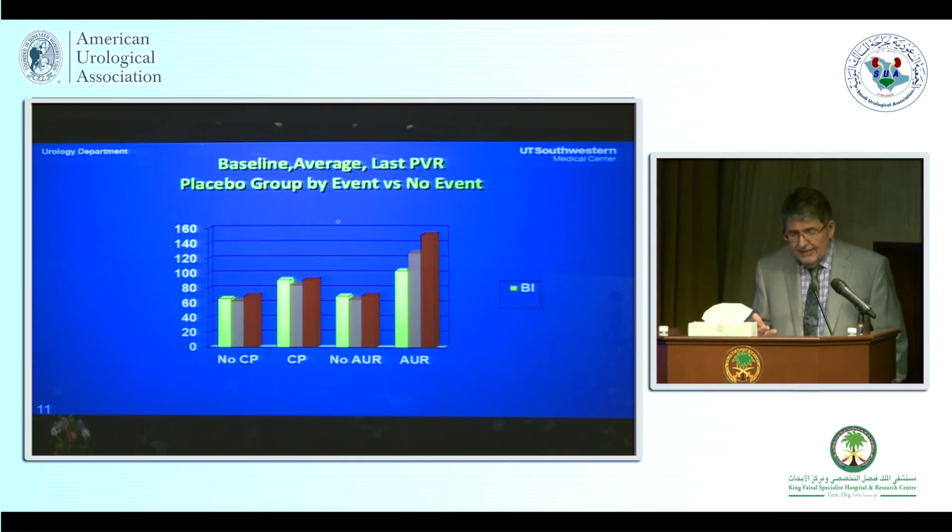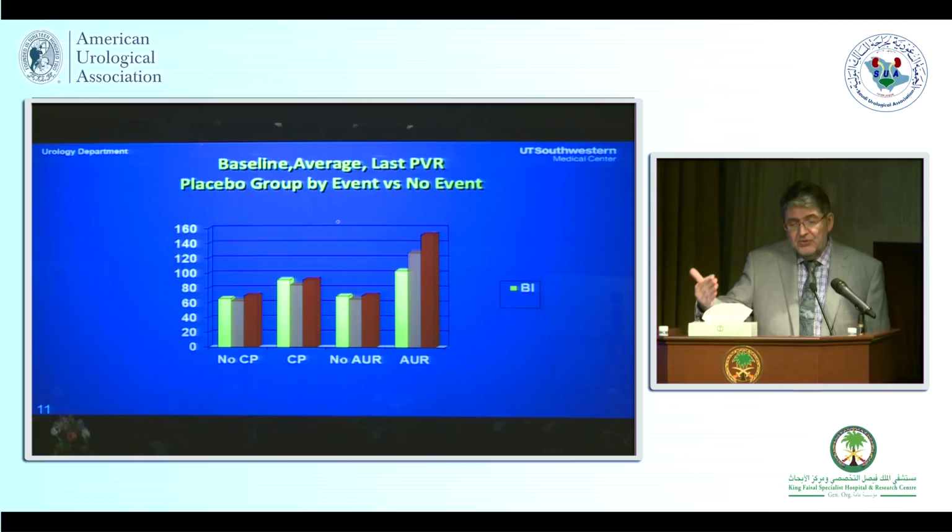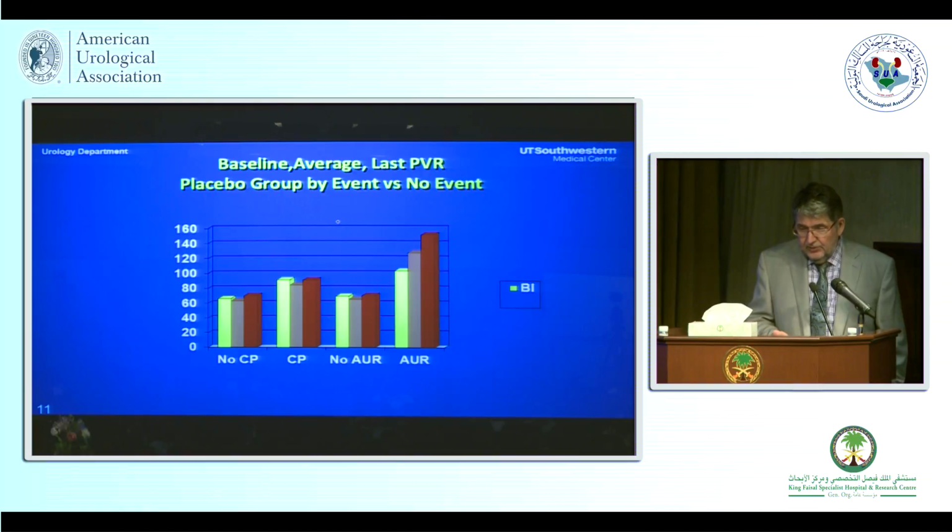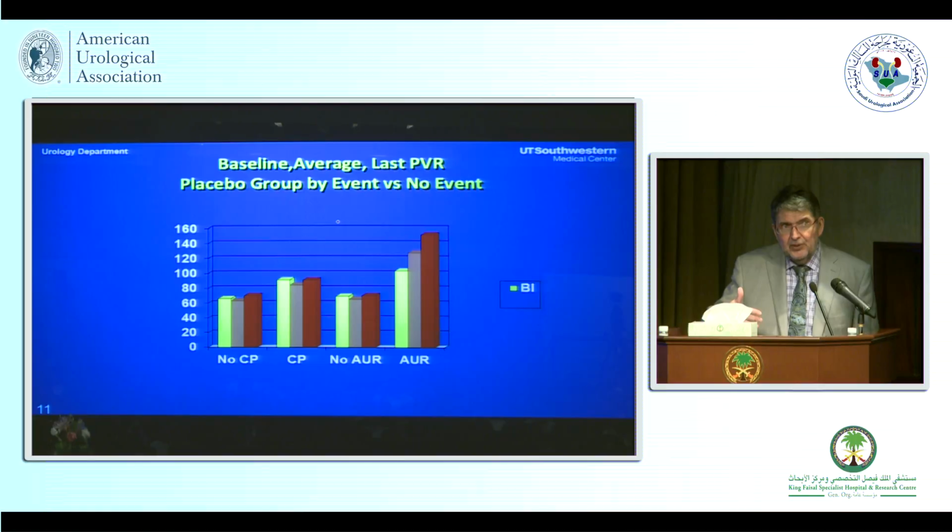So then I looked at the numbers and I asked the question, in patients who eventually go into urinary retention in the placebo group in MTOPS, what is their baseline residual urine? What is the last recorded residual urine before the retention episode?